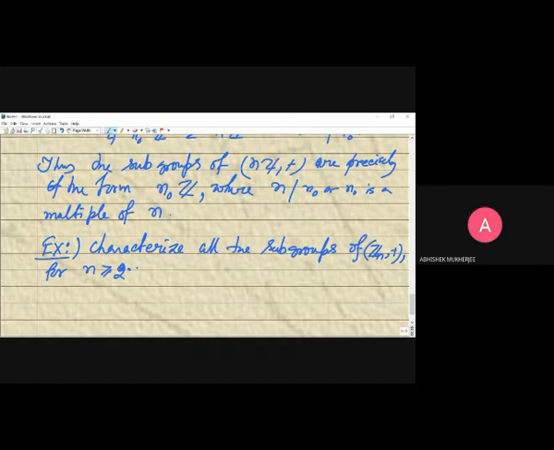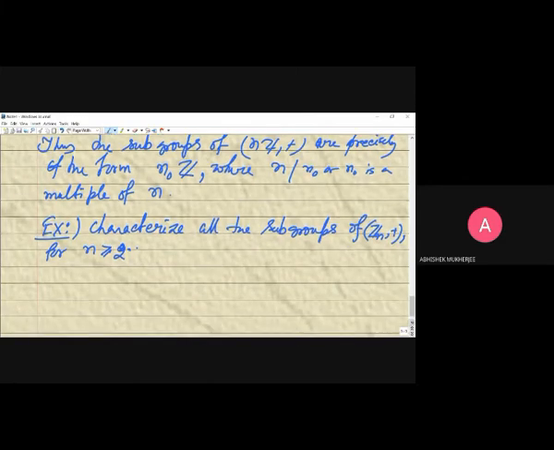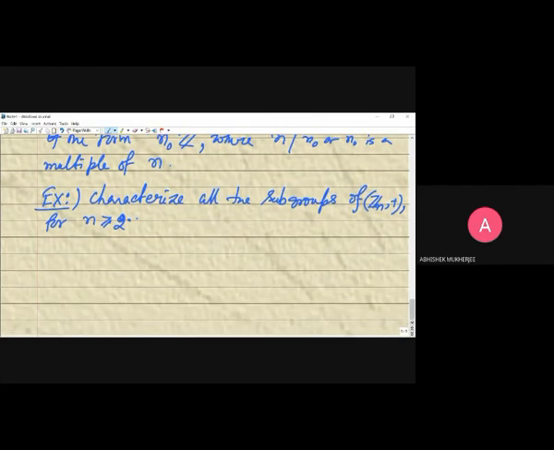Okay. So now let us move to the discussion of some more subgroups that can be generated by any non-empty subset of a group.